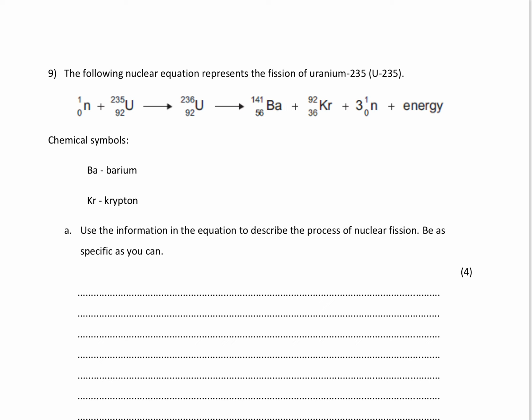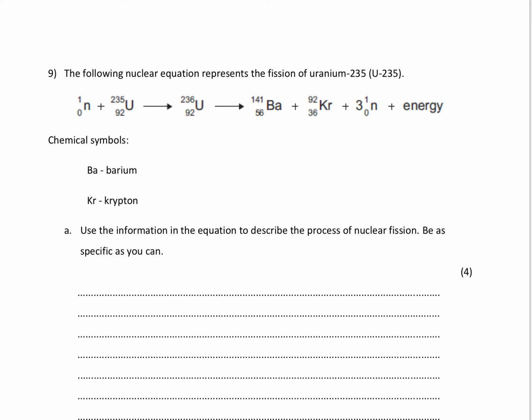A neutron is absorbed by a uranium-235 and produces uranium-236. This is describing the fission process here, whereby uranium splits into barium-141 and krypton-92, with 3 additional neutrons and some energy.